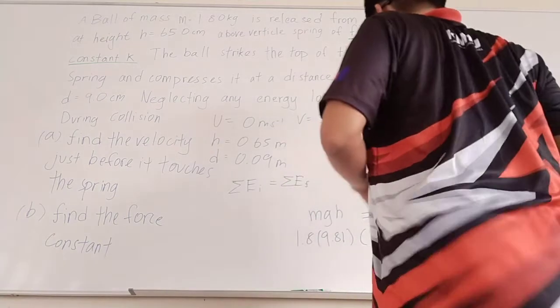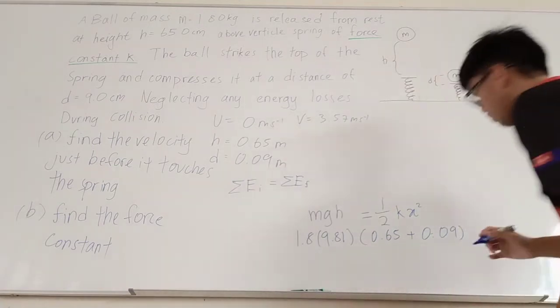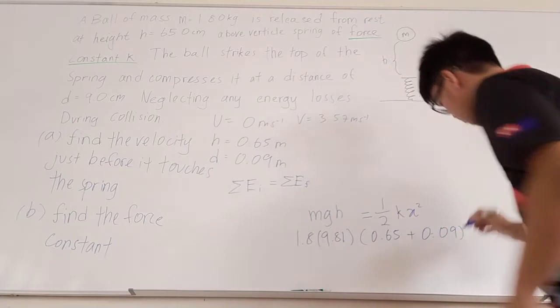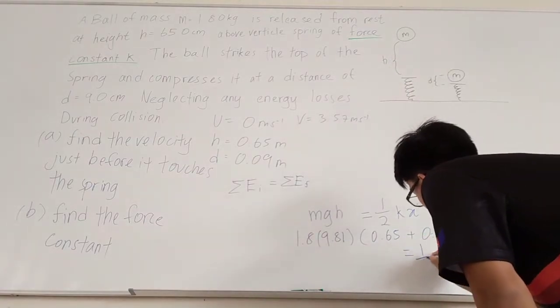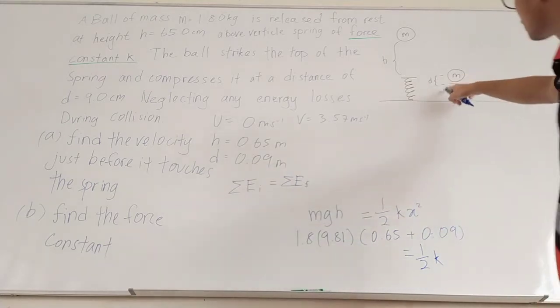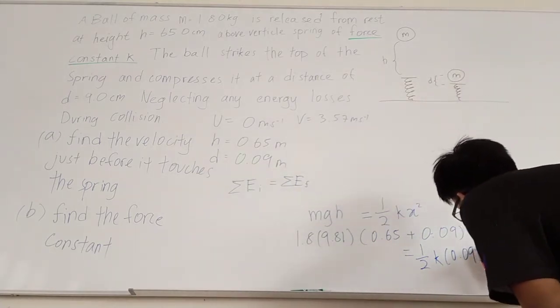Now the other side, however, is going to be 1 over 2. K is the one we need to find, and the x is going to be d, which is 0.09 squared.